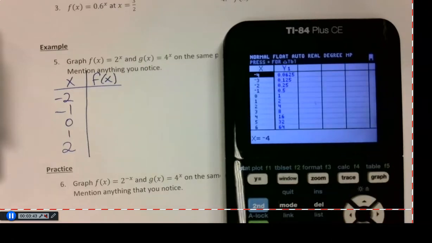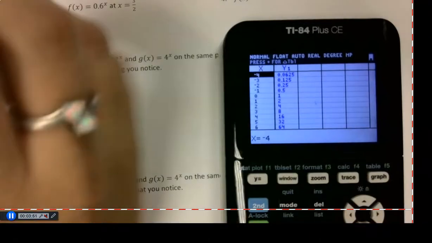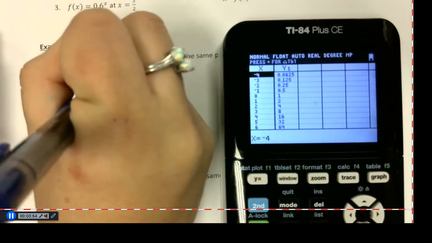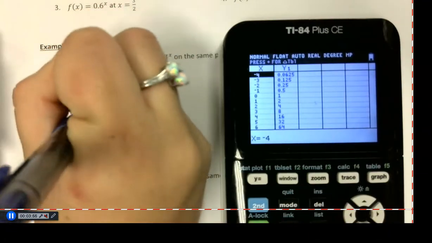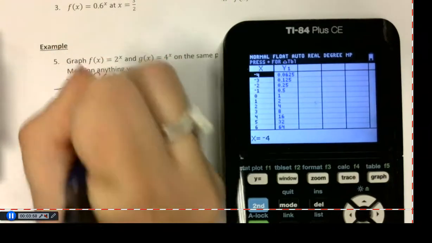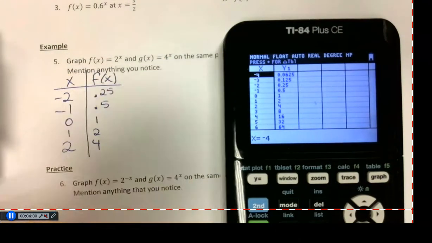I can just copy these down. If it's not showing me the negative values, I can scroll up or down using the directional keypad right here. It just gives you the table of values, and you copy them down.